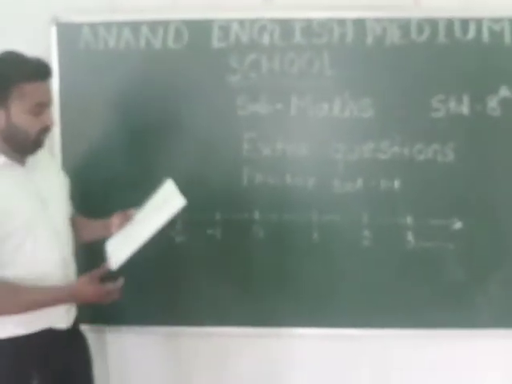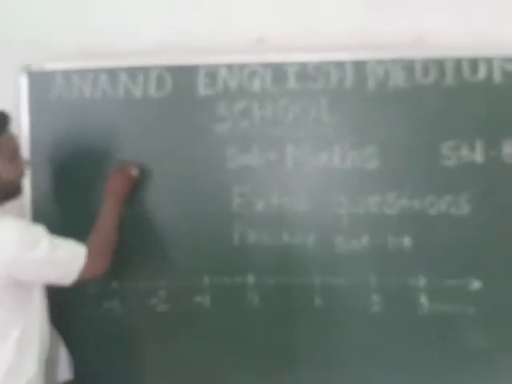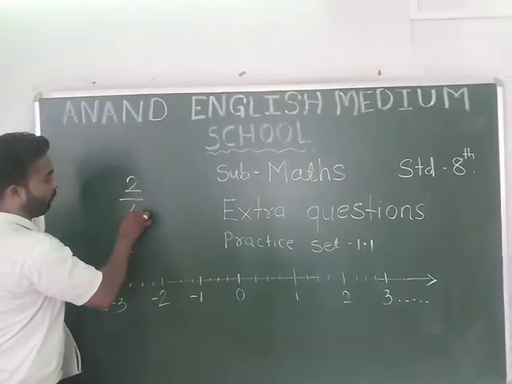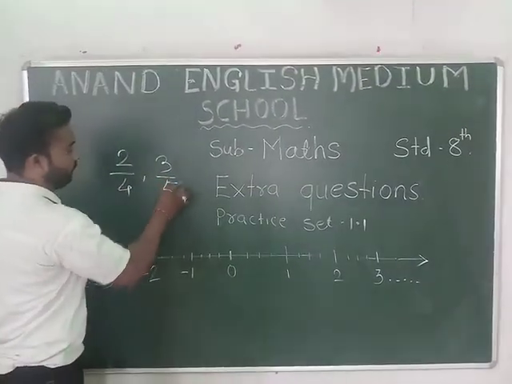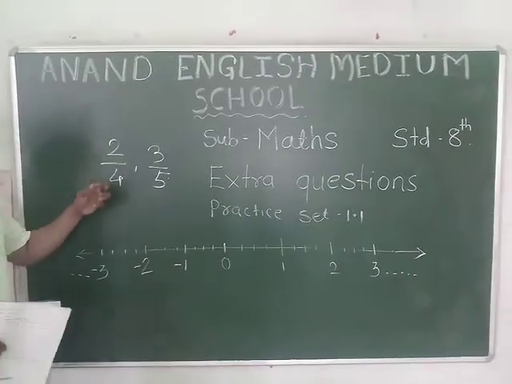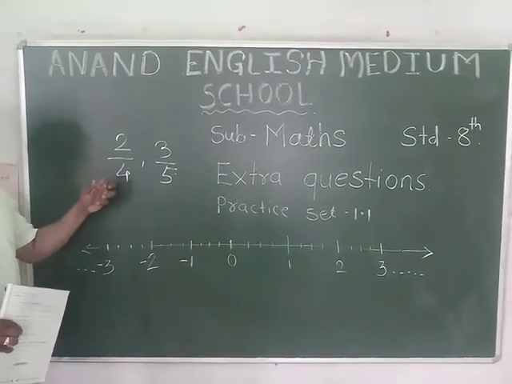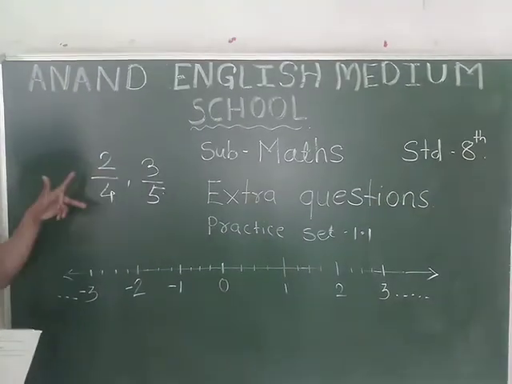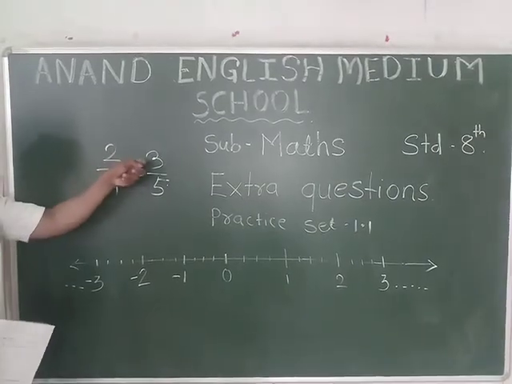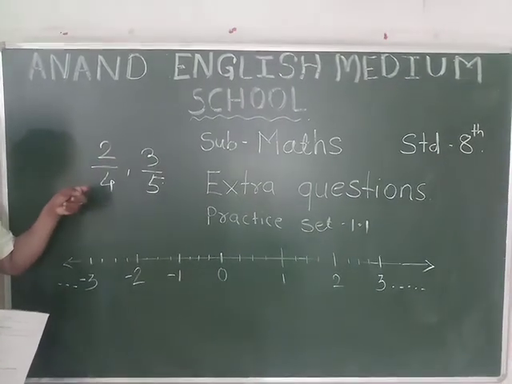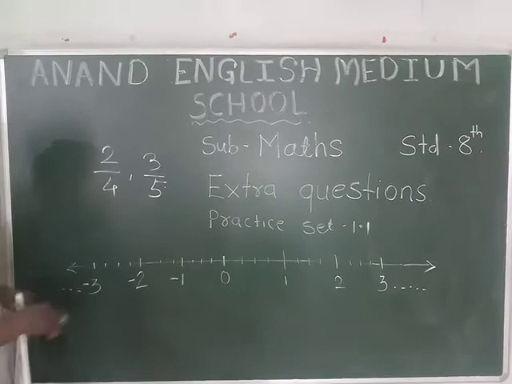Now you can see that in the last period I told you that a rational number is like 2 upon 4 or 3 upon 5. Just see these numbers, both are rational numbers. Here the numerator is 2, here the numerator is 3, here the denominator is 4, and here the denominator is 5.